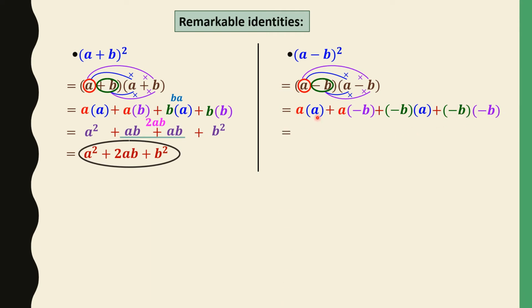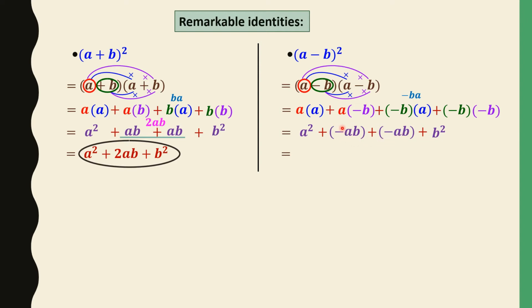Equals a times a, it's a squared, plus a times negative b, it's negative ab, plus negative b times a, it's negative ba. Let's write it in alphabetical order. We obtain negative ab, plus negative b times negative b, it's positive b squared. So we write b squared. Equals, here we have these two like terms, negative ab and negative ab.